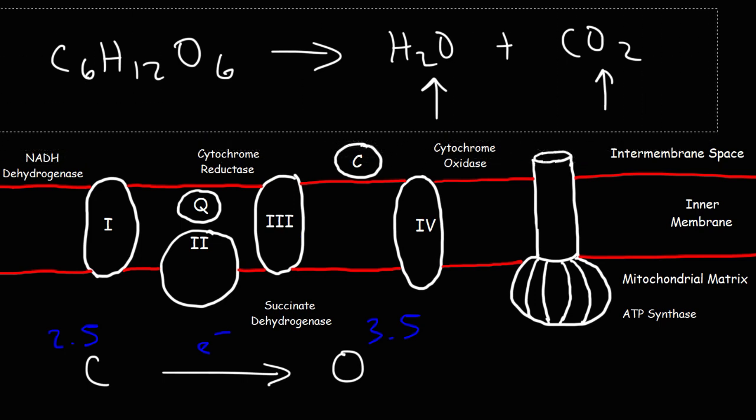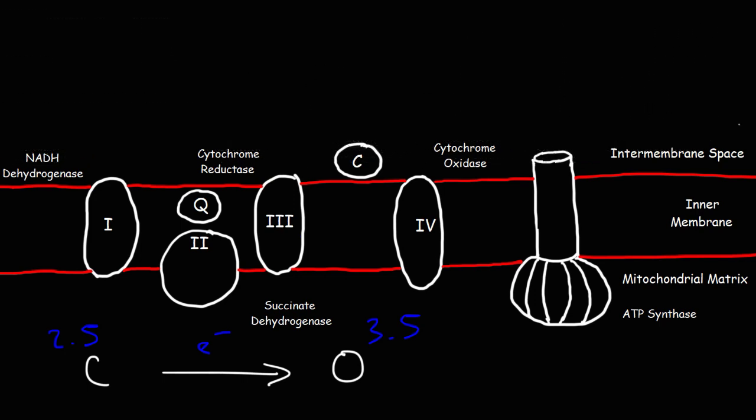A good way to illustrate this is the use of a battery. So let's say I'm going to draw a AA battery. Here is the positive terminal, and here is the negative terminal. And let's connect this to a light bulb. Let's say this battery is strong enough to light up the light bulb.